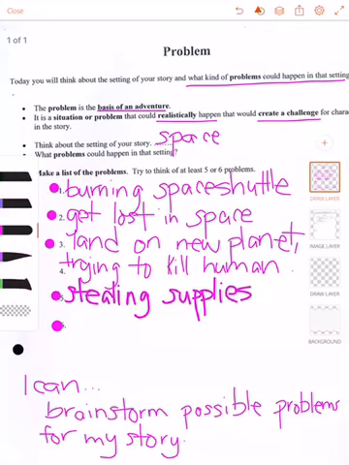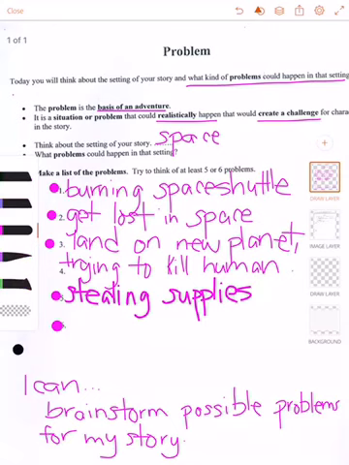So maybe one of the characters discovers a planet or discovers a cure or a new planet or something, and the other astronaut is adamant that they don't want to take the news back. So they're trying to hide this information. So maybe that's what it is.